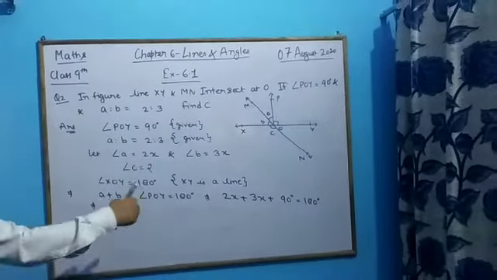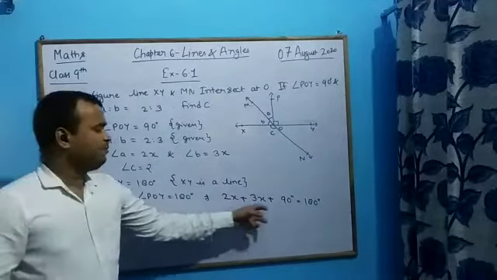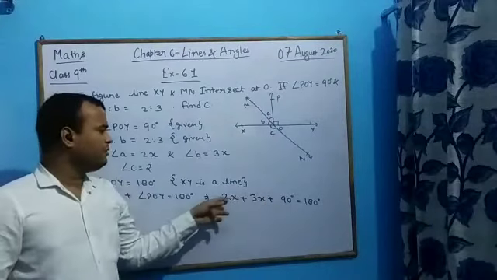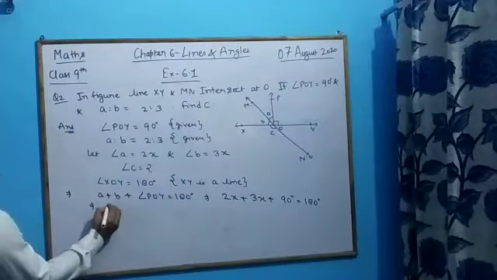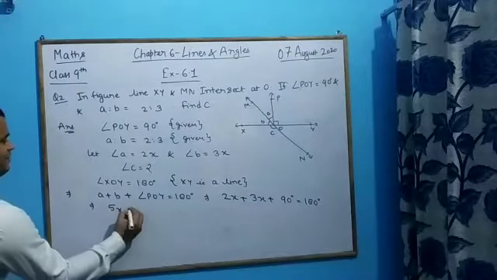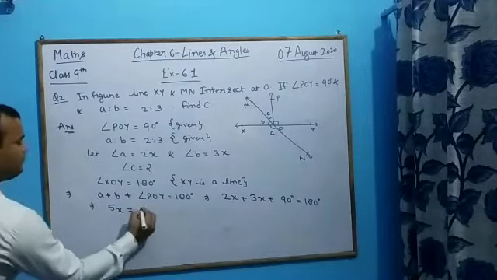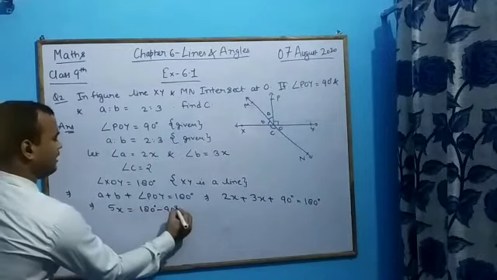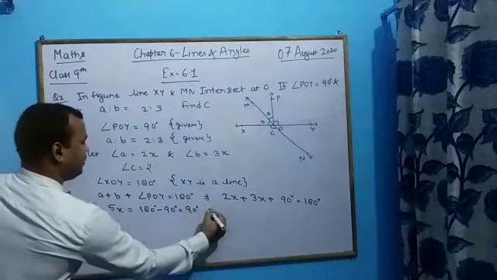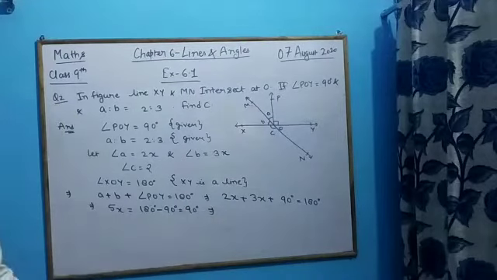Let's sum it up: 2x plus 3x, because both are like expressions, we can add. That is 5x, and 90 will be shifted to the right-hand side. Here 5x is equal to 90.